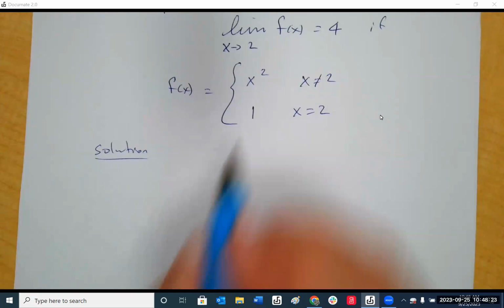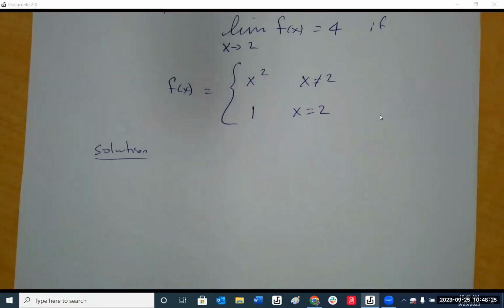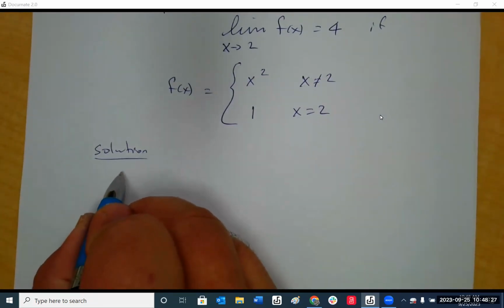So we see we have two proofs to complete.